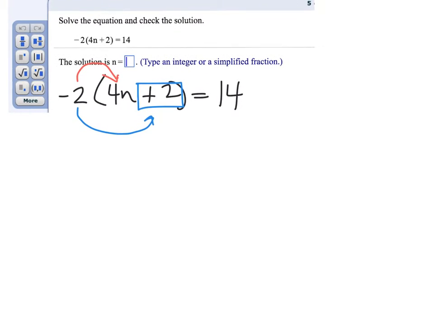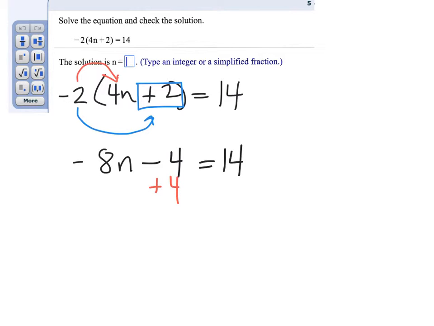And so that becomes negative 8n, because negative 2 times 4 is negative 8n. Now we're going to do negative 2 times positive 2, so that becomes negative 4. And then I just bring down that equals 14.